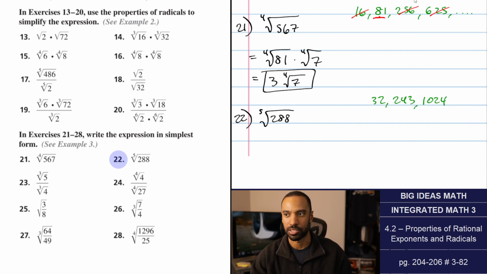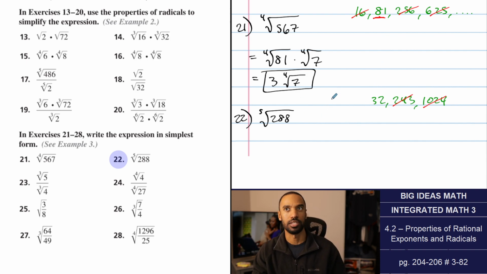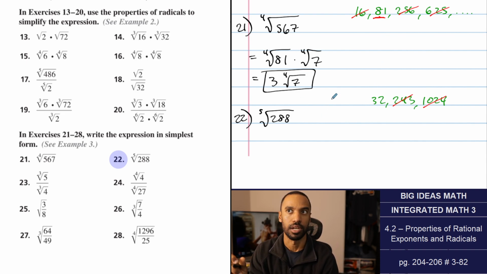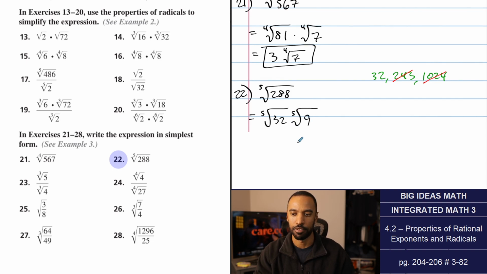So they get massive fast, already way eclipsing this. Don't even worry about it. 32 is the only number we have a shot with. Is that 32 times 9, I think? So this becomes fifth root of 32 times fifth root of 9. And the fifth root of 32 is 2. So this is 2 times the fifth root of 9.